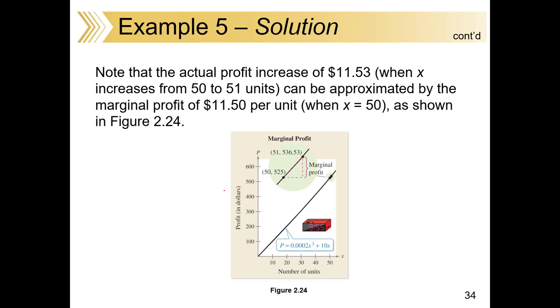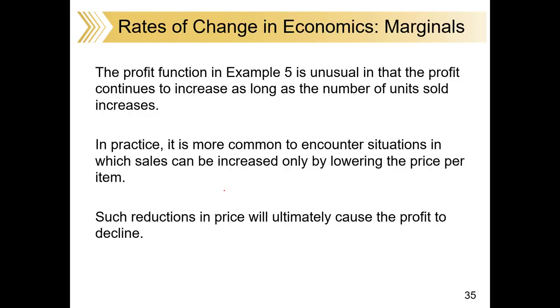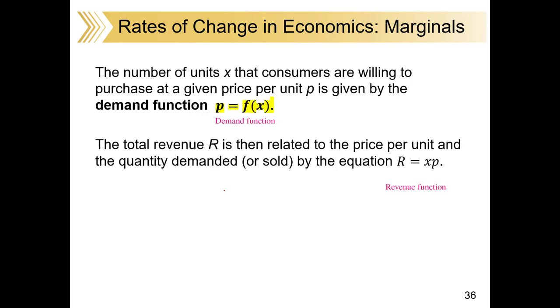We approximated it at $11.50, pretty close. And this function that we were playing with, the profit keeps going up as long as the number of units sold goes up. Usually, though, that's not what happens. Usually, if you increase the price, or increase the number of units, something changes. So you have to think about that.